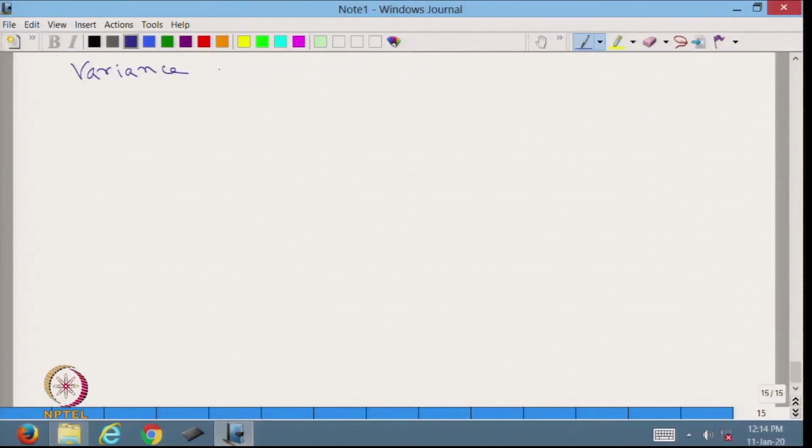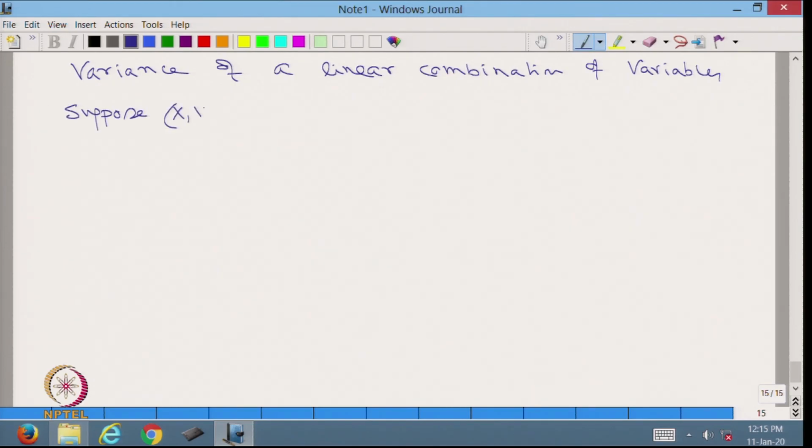What is the variance of a linear combination of variables? Suppose (x, y) is a 2D variable.